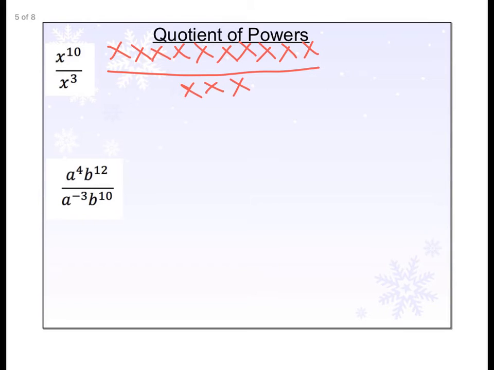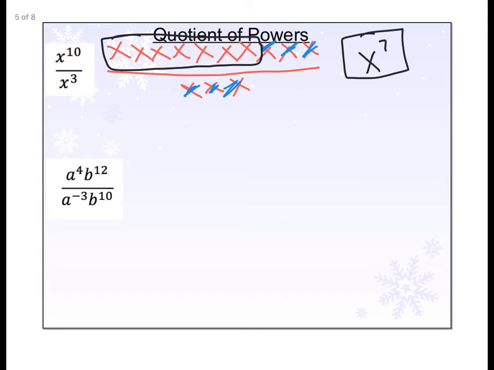So now we know from before that if we have something on the top and bottom, it'll cancel. So like this x can cancel with this x, and so on. So then I'm only left with these x's up top. So just from there, I know there's 7 x's multiplying, so I can write that shorthand as x to the 7th. That would be my final answer.